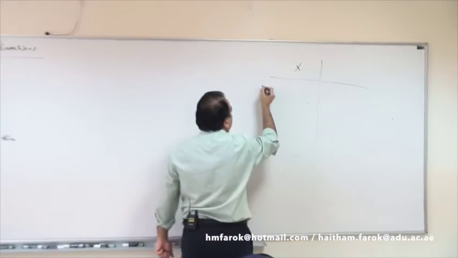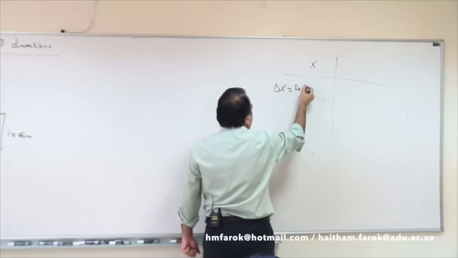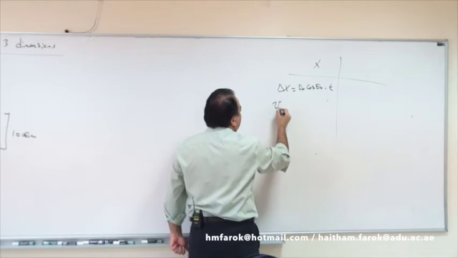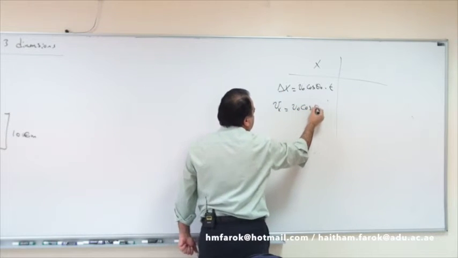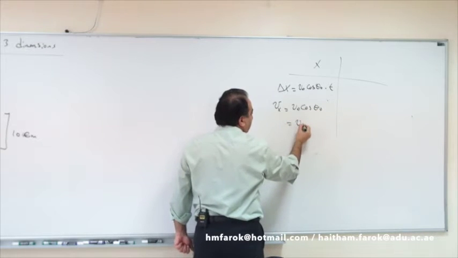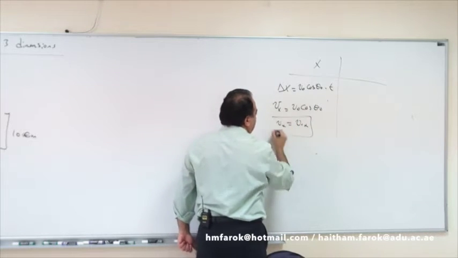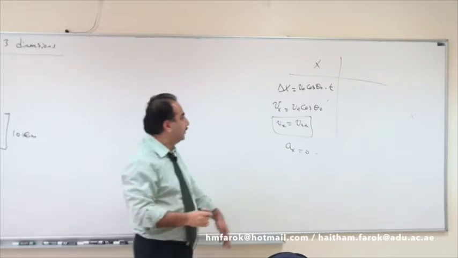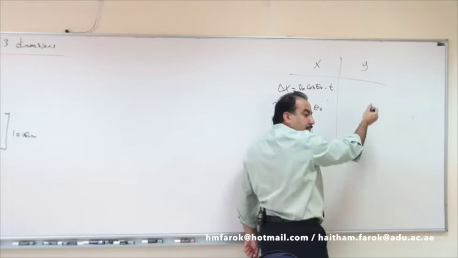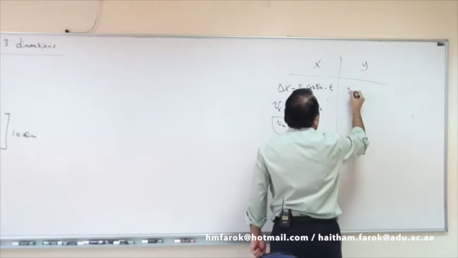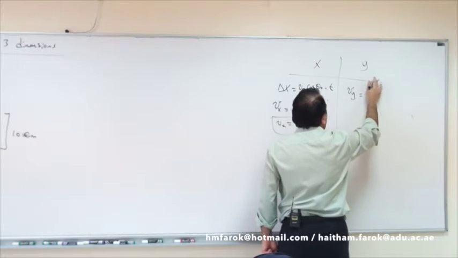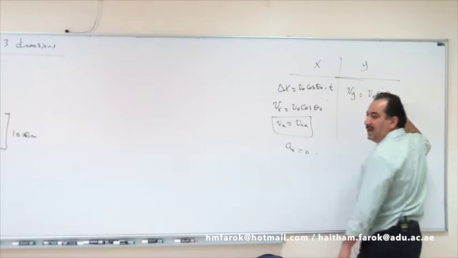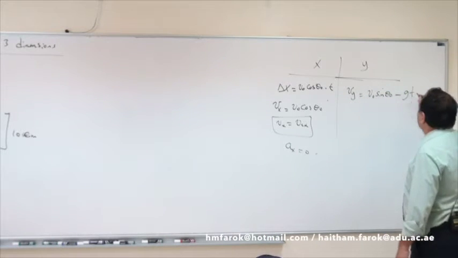X motion, displacement, V naught cosine theta naught multiplied by t. And we have final velocity in x equal initial velocity in x. Remember, this means V naught x. And acceleration in x is 0. No acceleration in x. Vertically, we have free fall. Final velocity in y equals initial velocity in y, which is V naught sine theta naught minus gt.